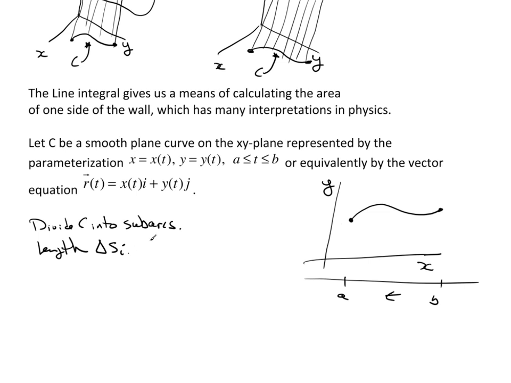And I'm going to let the arbitrary point P i, (x i star, y i star), be any point on C in the ith interval.